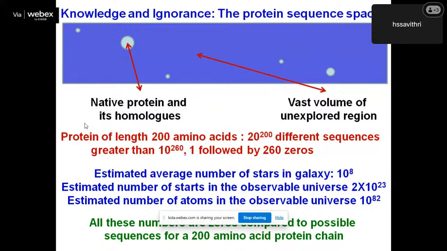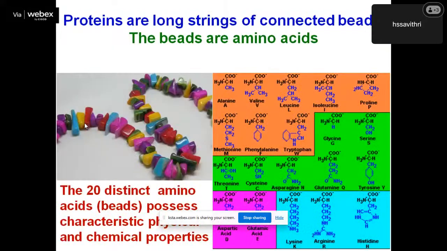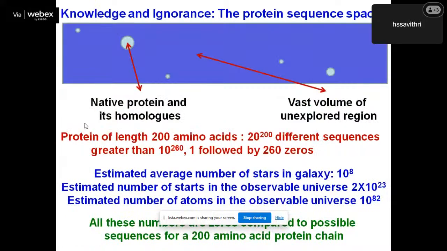So simple statistics will tell you that the number of possible different chains is 20 power 200. This is the same as thinking, if you have 200 beads, like the plastic beads in the previous slide, and you have 20 colored beads, how many different open necklaces can you make with 200 beads?